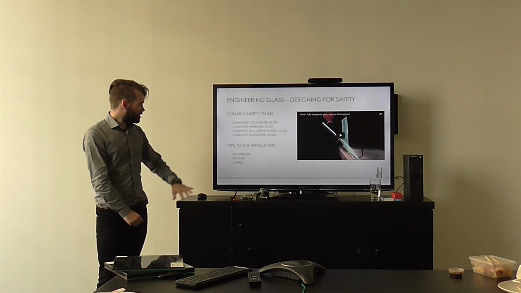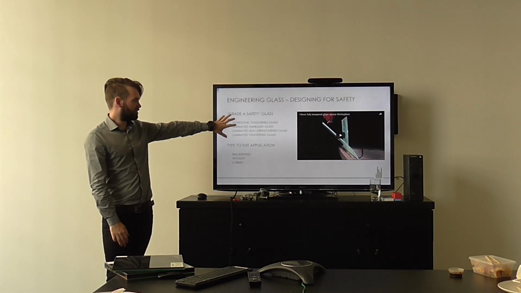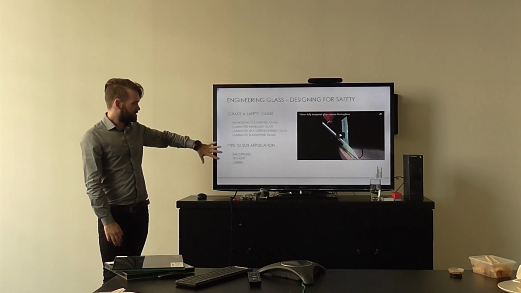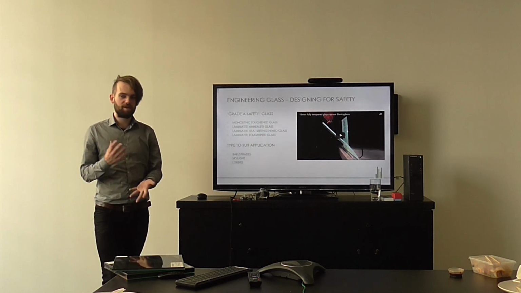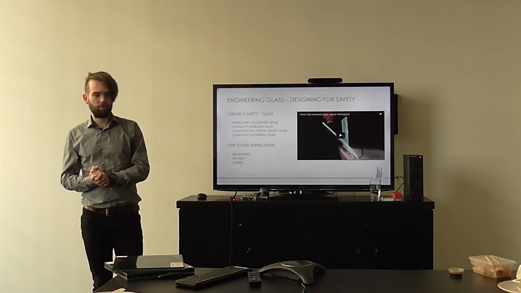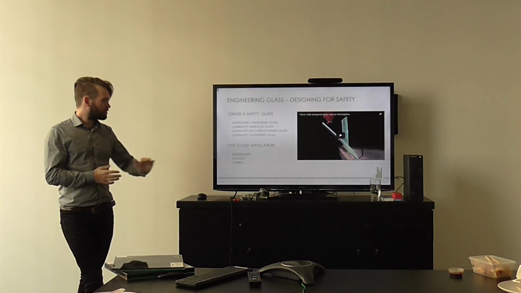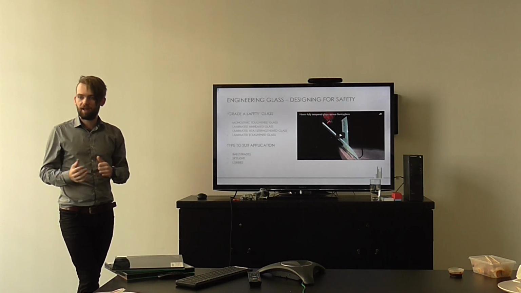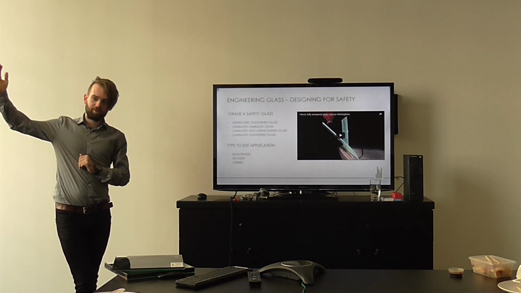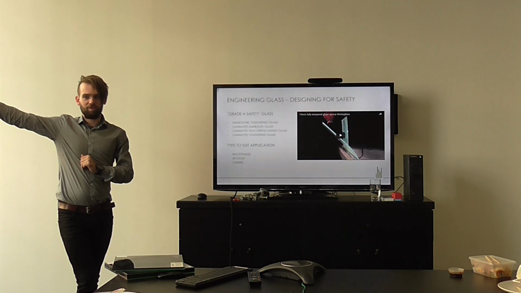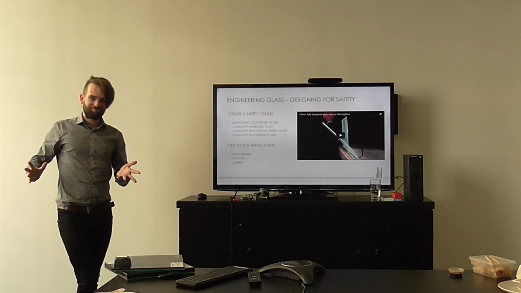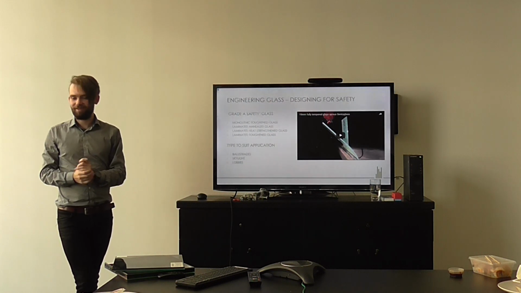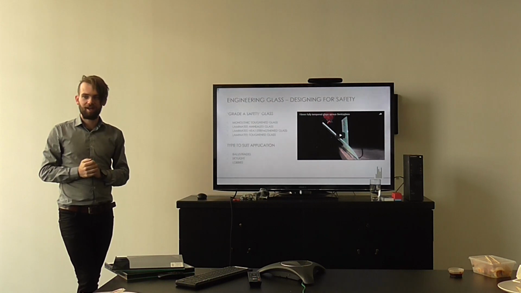With these four types of glass in mind, there are situations and applications that we need to consider when we use them. Whilst monolithic toughened glass might be a great safety glass, if it's falling from 50 metres off the edge of a building down onto the street, it's not really safety glass, even if they are small little shards of glass.